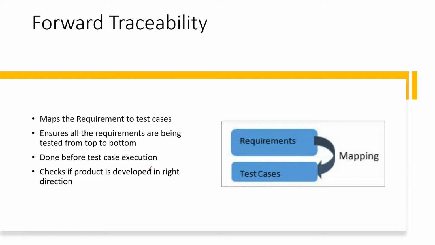Before executing a test case, we need to check if all the requirements have test cases. To do that, we do forward traceability. It checks if the product is developed in the right direction, so we can ensure the requirements are covered and the test cases are also ready for these requirements, so we are in the right direction.